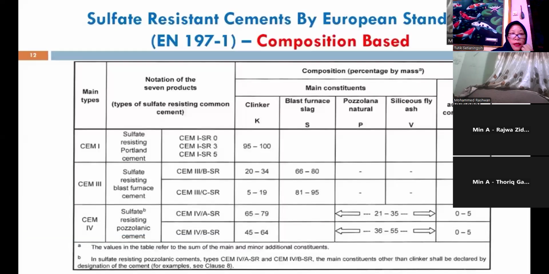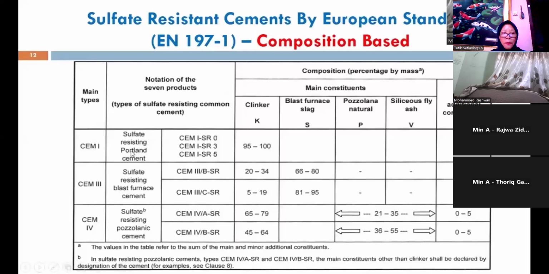Another type of cement by European standard is sulfate-resistant cement. According to the percent of the phase C3A, tricalcium aluminate, there are three main types of sulfate-resistant cement, totally 7 types.